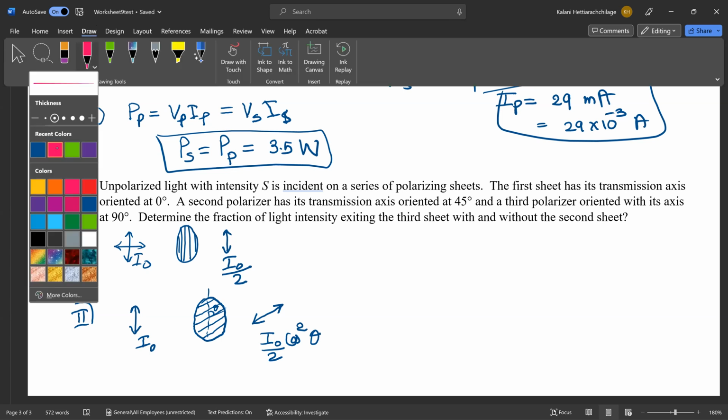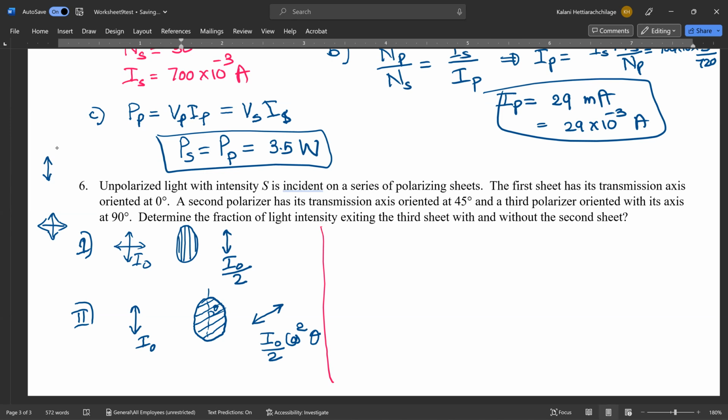Now let's move into this question. You have unpolarized light in the beginning, with intensity, call it S. You can use any letters or symbols for that. S is incident on a series of polarization sheets. The first sheet has its transmission axis oriented at 0 degrees.